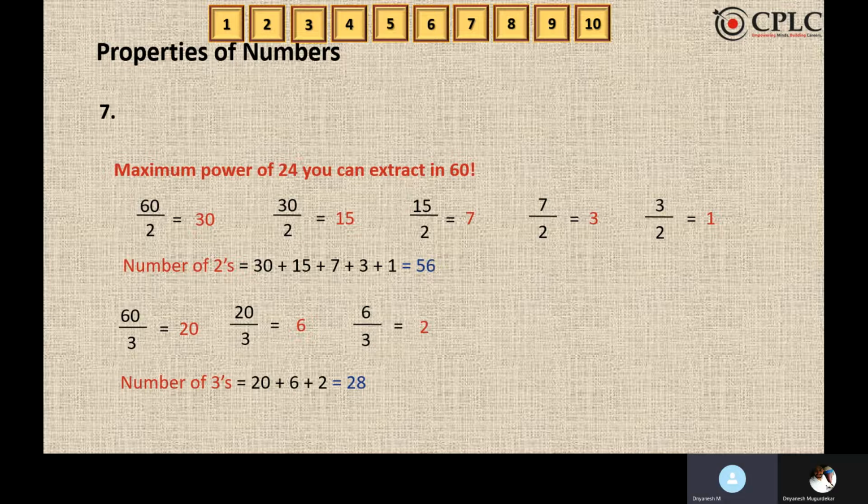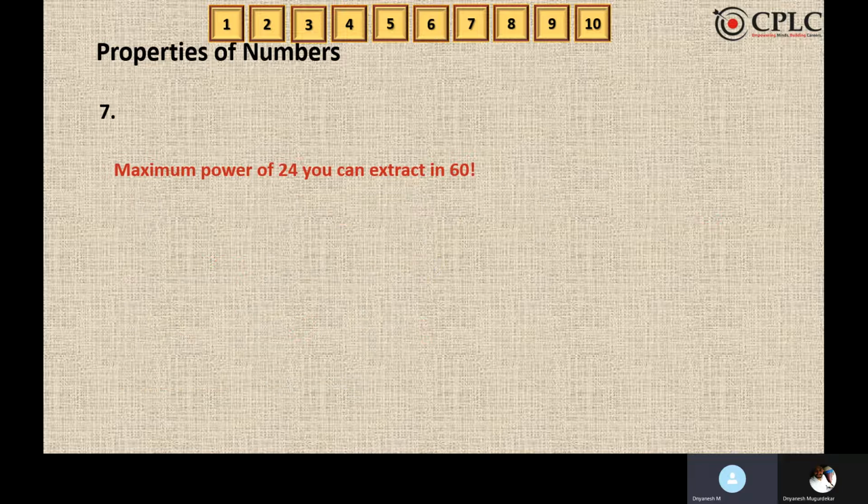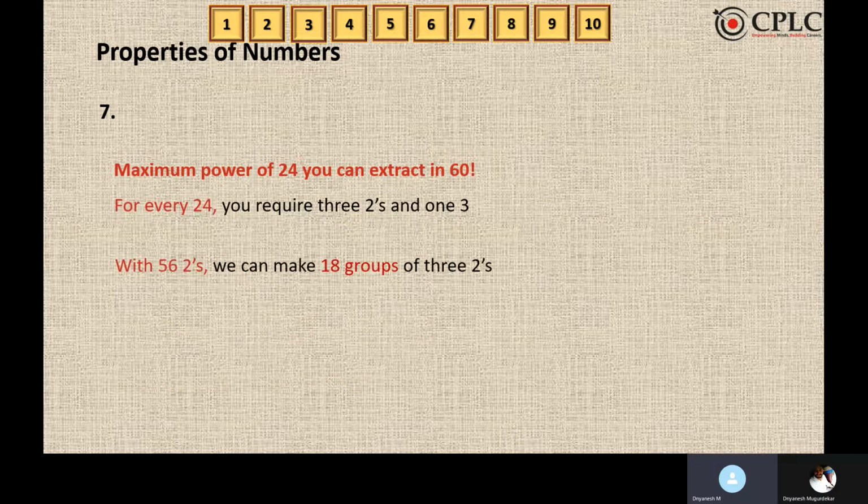And for making 24, we require just one 3 and three 2's. So 56 2's, when we convert them into groups of 3's, that means 56 divided by 3, maximum we can make 18 groups. And with those 18 groups, to make the 24, for each of the groups we are going to require one 3 every time.